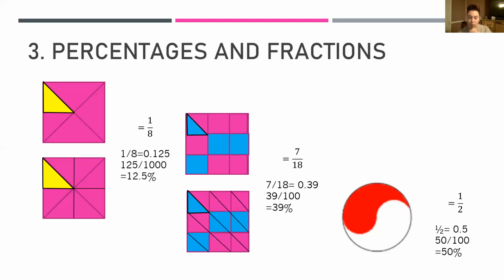So it is taking up 1/2. So 1 divided by 2 is 0.5. And then you count your decimal places. It would be 0.50, but 50 divided by 100 gives you 50%. Half is 50%. So that concludes that.